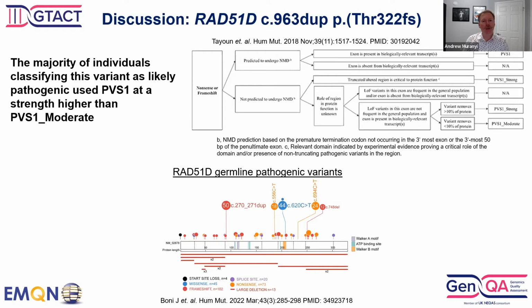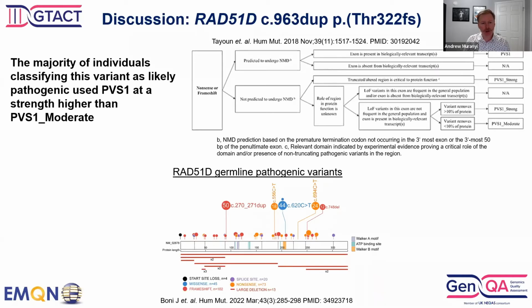And I don't think there are any pathogenic missense variants in that region. So the role of the region in the protein function is unknown. It's a loss of function variant that's not frequent in the general population and is present in a biologically relevant transcript, and less than 10% of the protein is predicted to be removed, which arrives at PVS1 moderate.